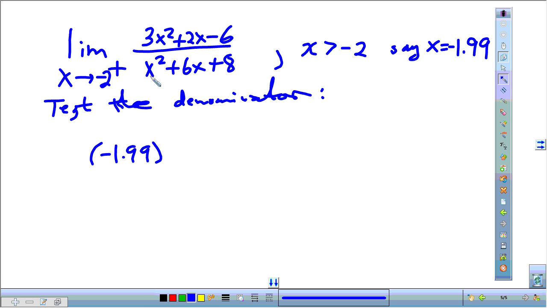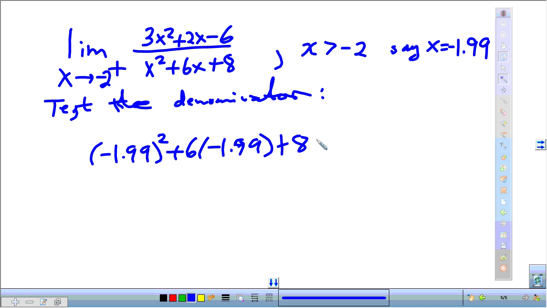So denominator is x squared plus 6x plus 8. So that's a positive number, not too big, but it's still positive.